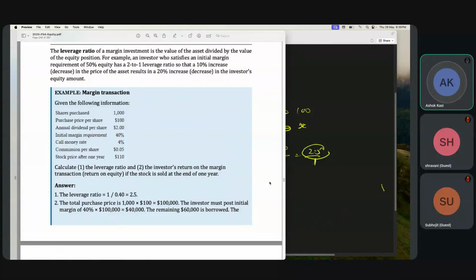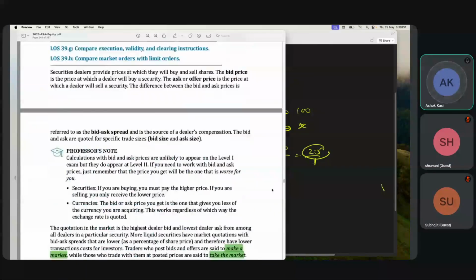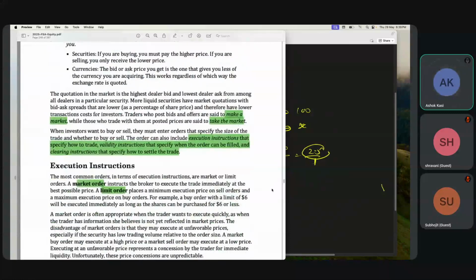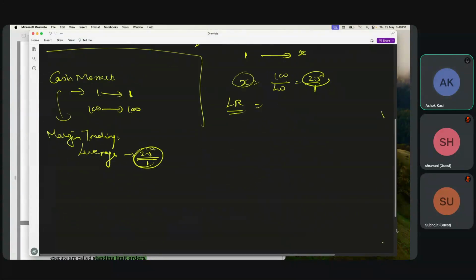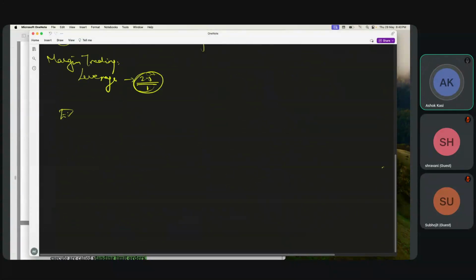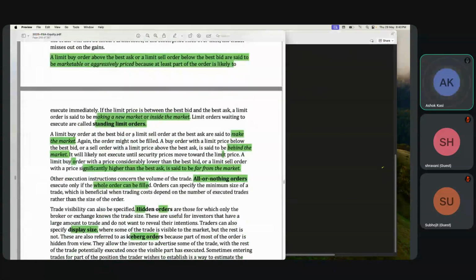You should also know the heading execution instructions. Under execution instructions, we have market order, limit order, and then standing limit order. Limit orders waiting to execute.